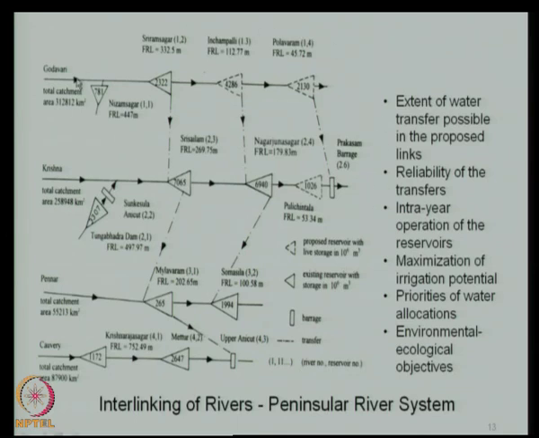So, we look at the entire system and then arrive at the reliability of the transfers, we arrive at maximization of irrigation potential, keeping in mind the priorities of water allocation, and then finally, we also need to look at environmental ecological objectives, and then arrive at the intra-year operation of the reservoirs to maintain this kind of a transfer system. So, this is one area where you can apply the systems techniques.